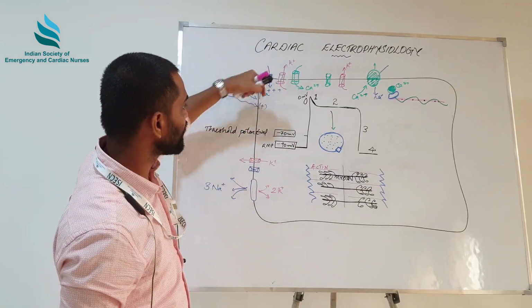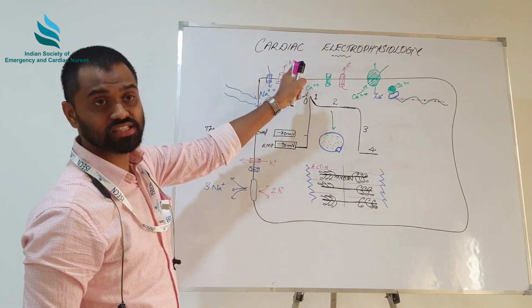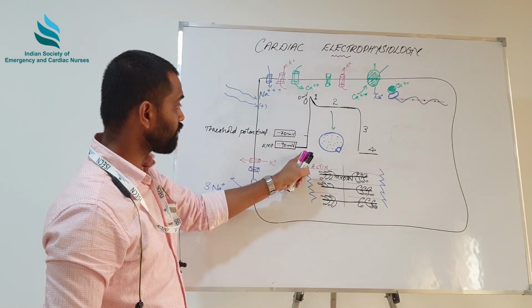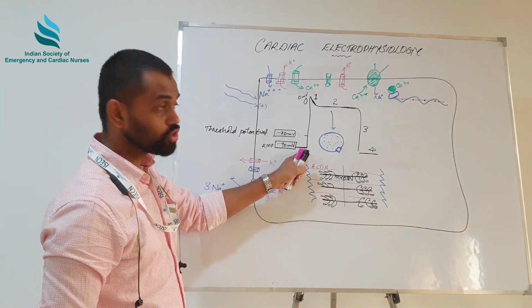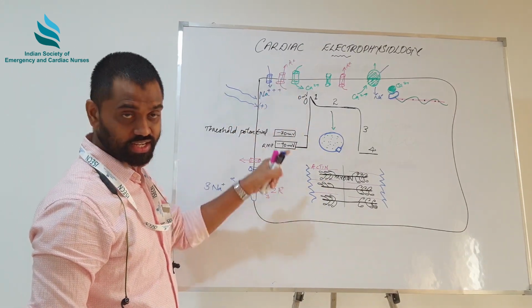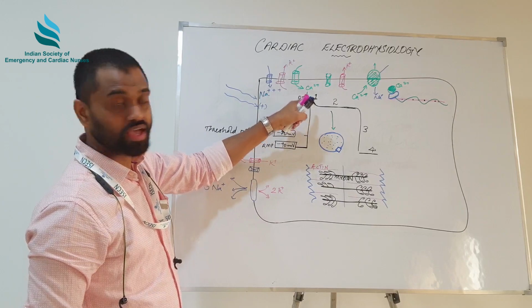As these gates open, there is a sudden increase in the intracellular voltage. It moves from a negatively charged state towards positivity. It moves away from polarity, and that is why we call it the depolarization phase, phase 0.